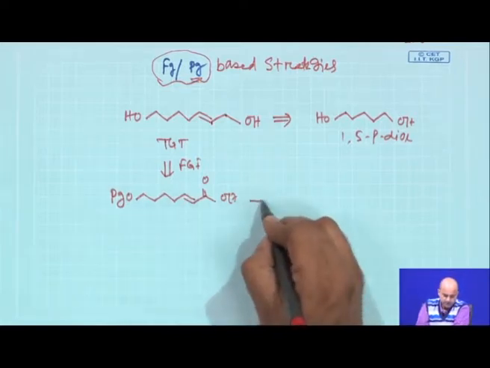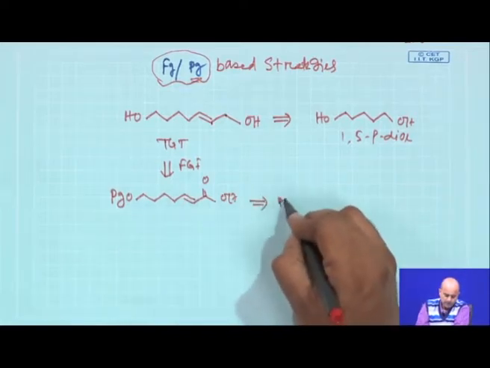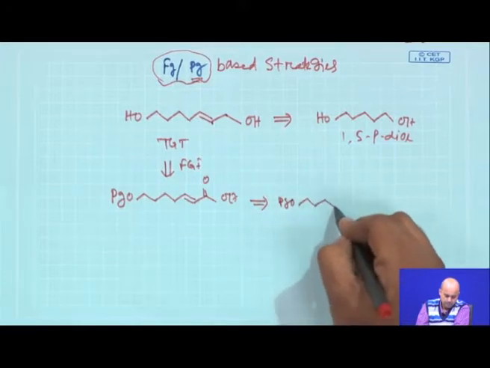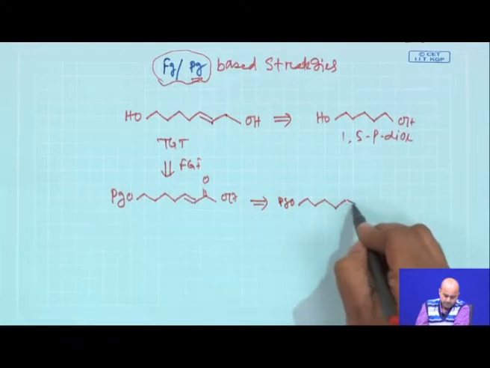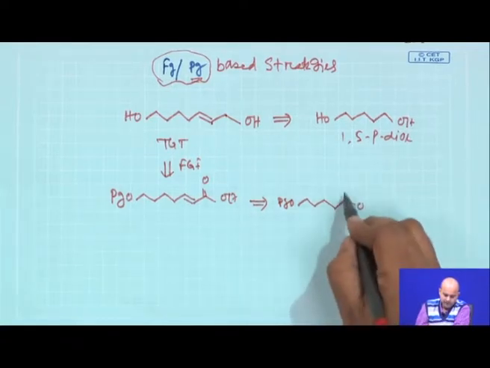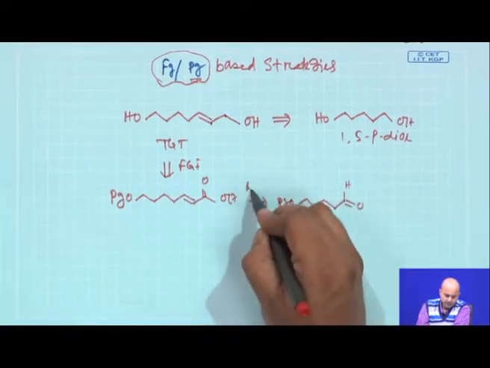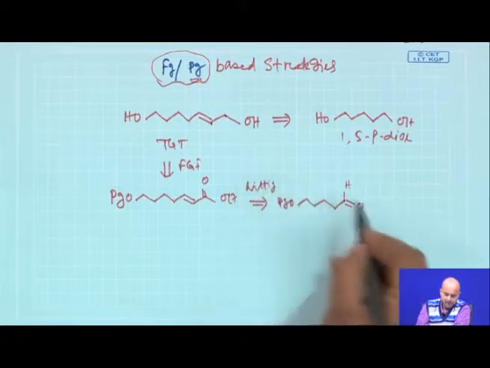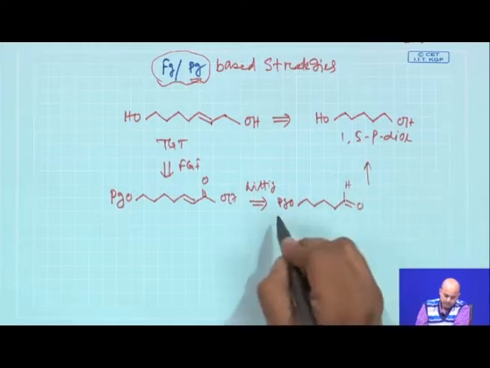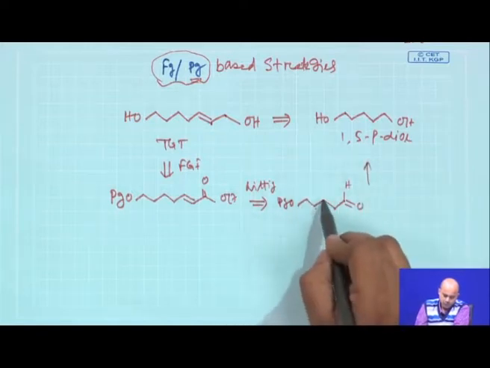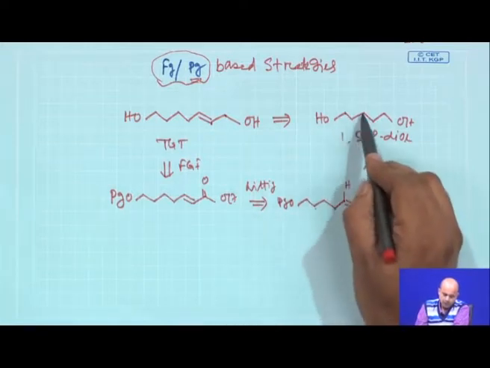Now, these things can easily be done. This is an aldehyde, which you can simply get by a Wittig olefination. Now, try to correlate it. This is 1, 2, 3, 4, 5, 1, 2, 3, 4, 5.